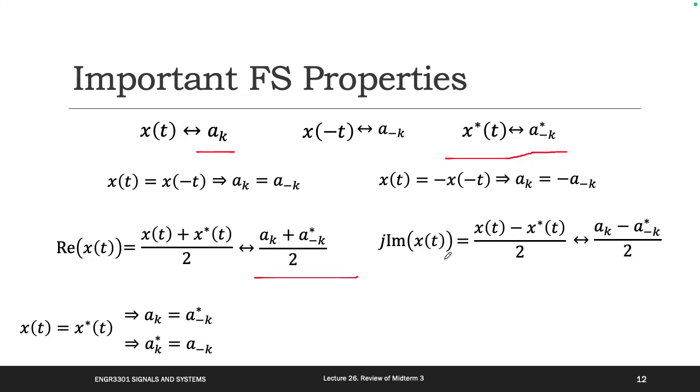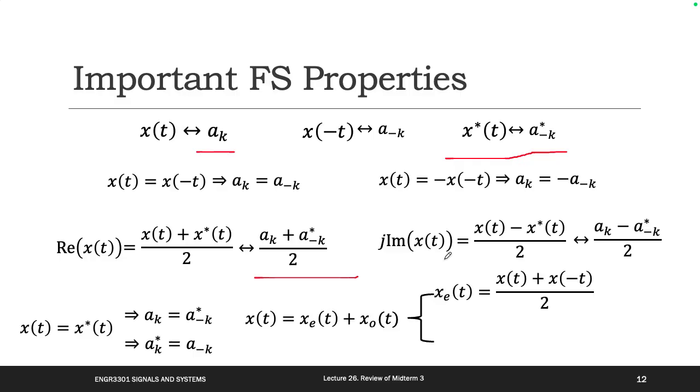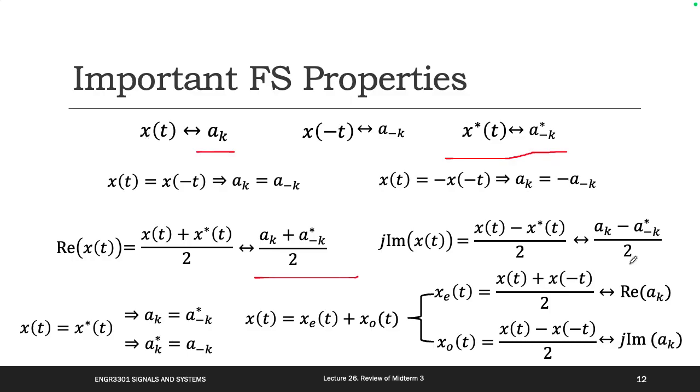Also this one, and then we know all signals can be generated from the even part and odd part. For the even part, we will have the FS coefficient, the same as the real part FS coefficient, and for the odd part we will have the same FS coefficient based on this one. Do you know why?